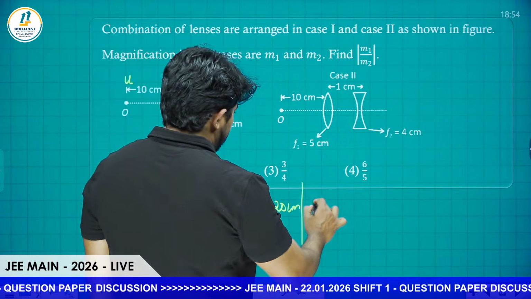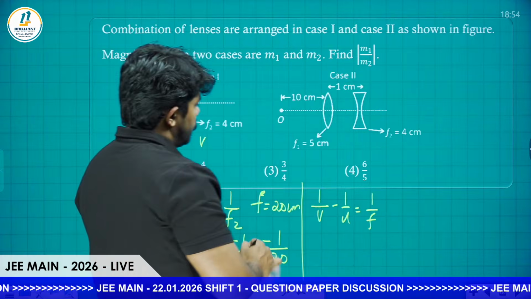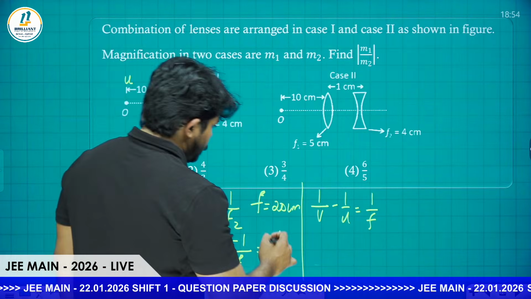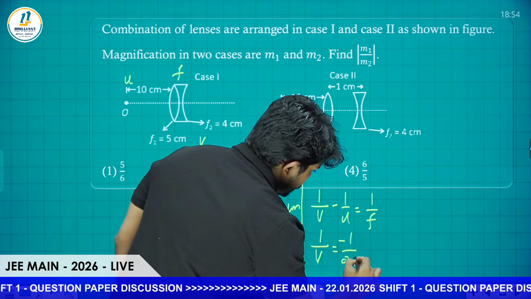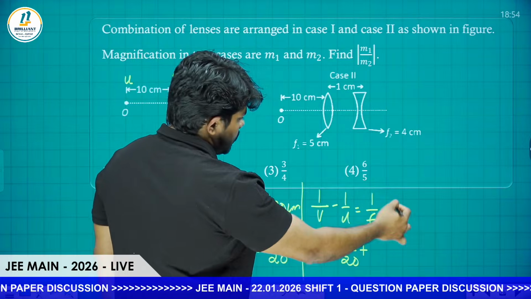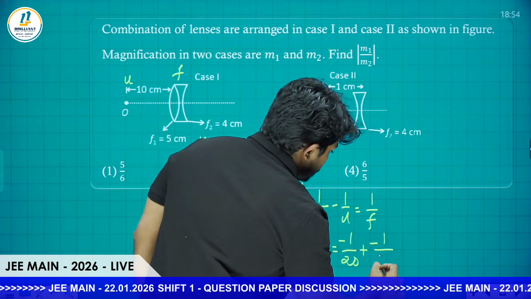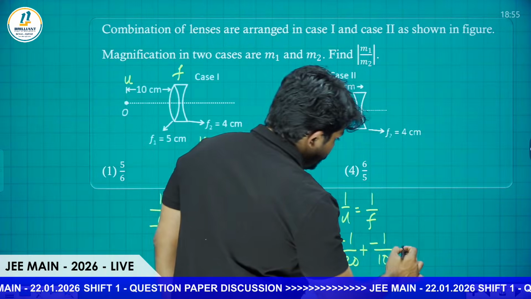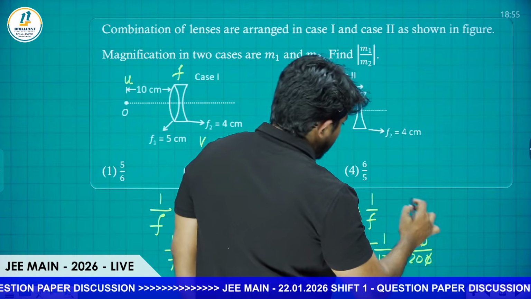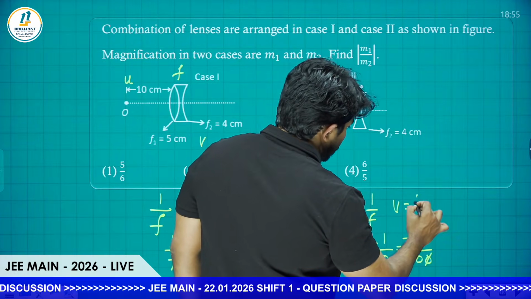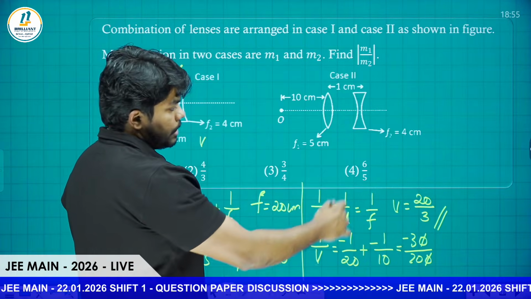So we can write 1 by v minus 1 by u is equal to 1 by f for the first combination. So 1 by v is equal to minus 1 by 20 plus, since the object is on the left side, u is minus 10, so this comes as plus. So this will be equal to minus 30 divided by 200, or v will be minus 20 divided by 3.